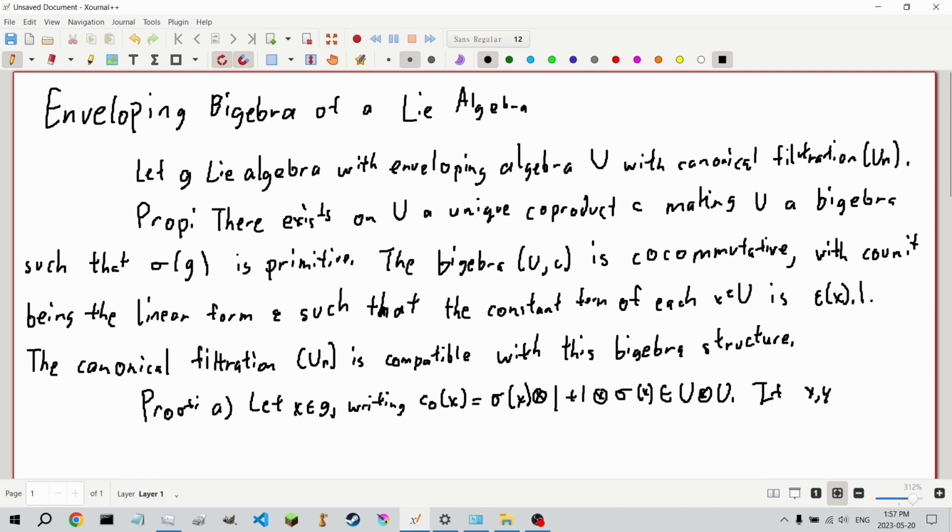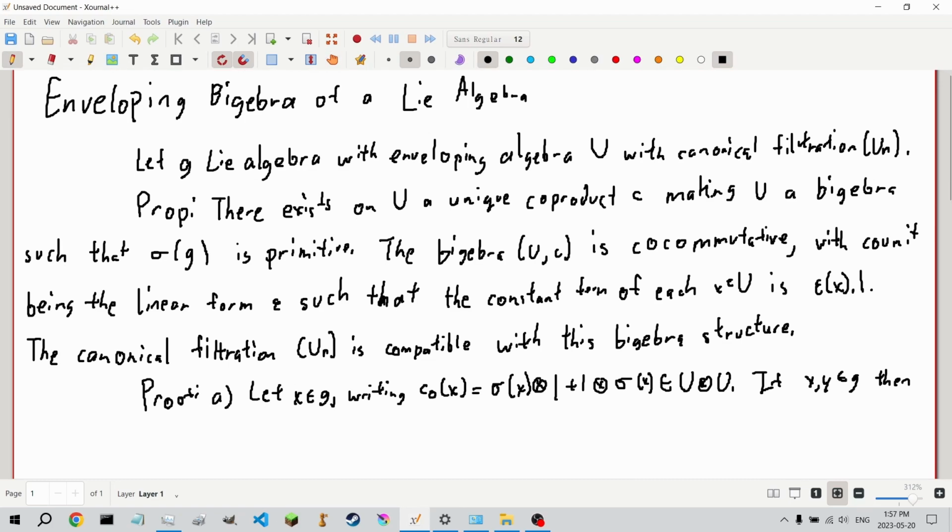If x and y are elements of G, then we have that C0 of x times C0 of y is, we're essentially just foiling out, sigma x tensor 1 plus 1 tensor sigma x times sigma y tensor 1 plus 1 tensor sigma y.